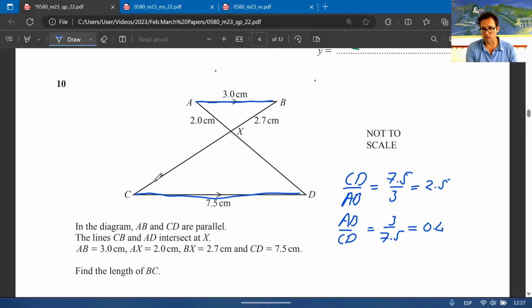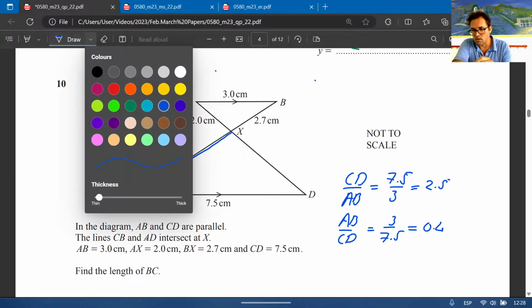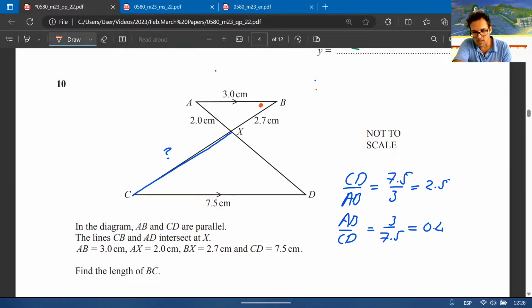So how is this going to help us? Well, they want the length of BC, which is the whole line over there, which is difficult to find. But let's just start by doing CX, this one here. Can we work out how long it is? Now be careful here. Remember when we did the alternate angles? Let's do it again. We said this angle is equal to that one, and this angle is equal to that one.